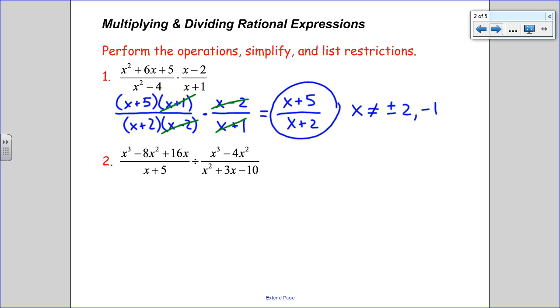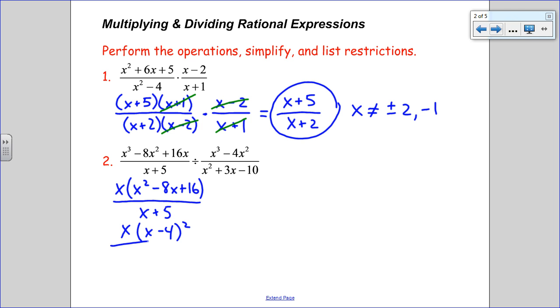Let's look at the second problem involving division. Once again, it's helpful to have all our polynomials in factored form. In the first rational expression, the numerator, the three terms have a common factor of x. And then we're left with a perfect square trinomial.